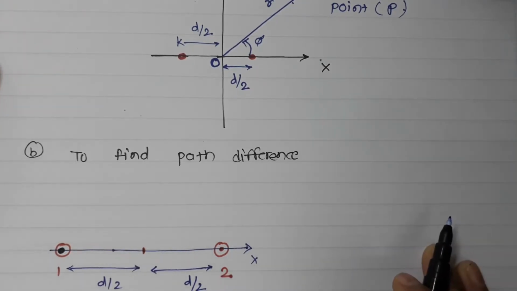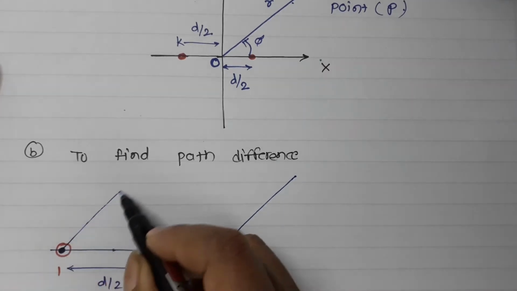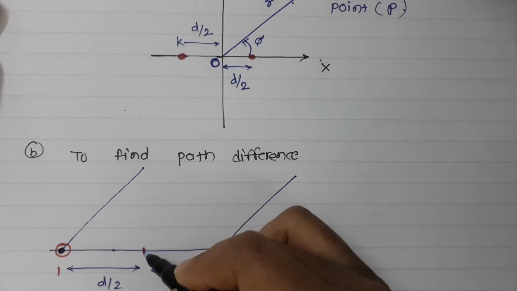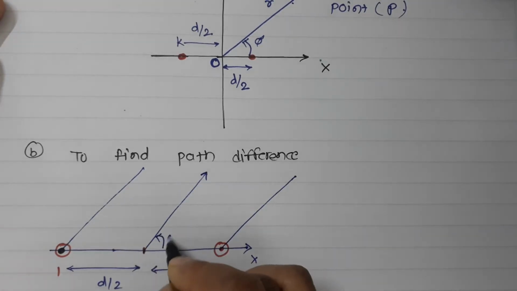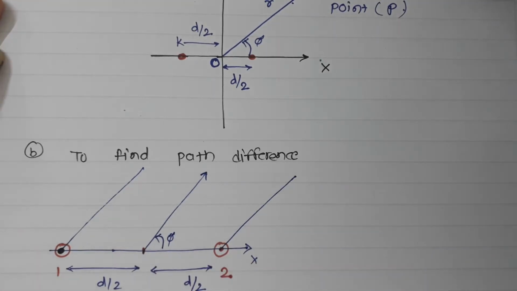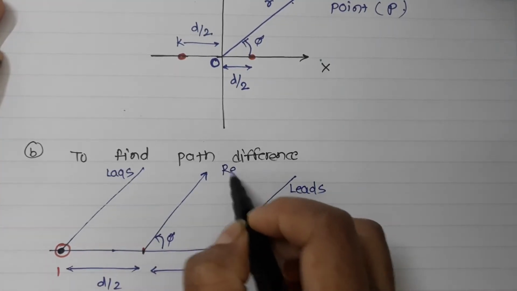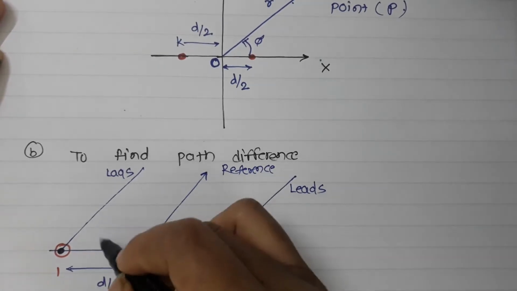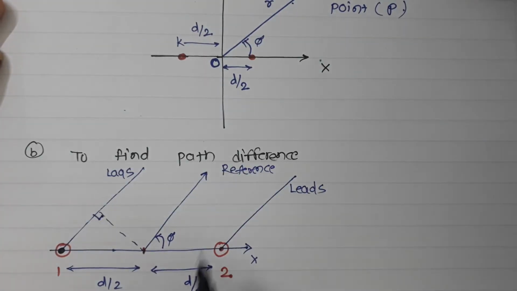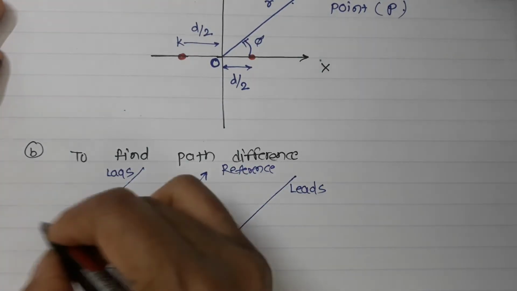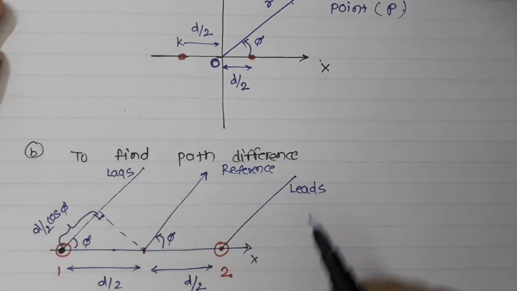Okay, now here as we know this is close to the observation point, this will lead and this will lag. Okay, and here we are considering this is nothing but our reference. Now here this angle will be the angle phi. Okay, so if this lags and this leads and this is the reference, if I put a perpendicular from here to here, and this angle is the angle phi, this also will be the angle phi. So this is nothing but d by 2 cos phi.